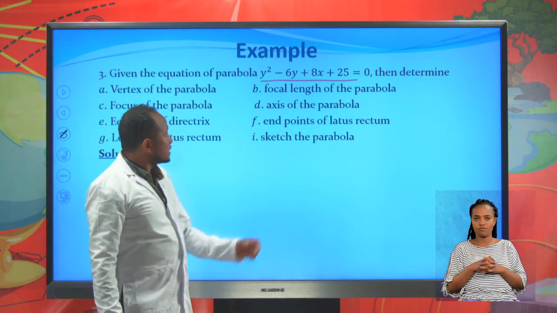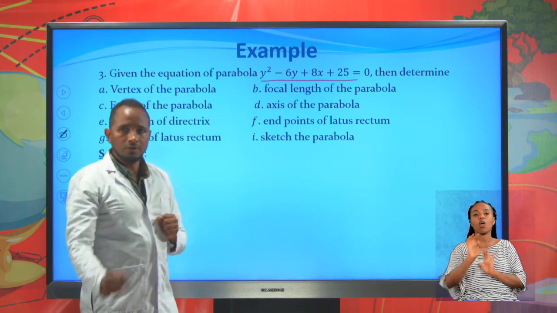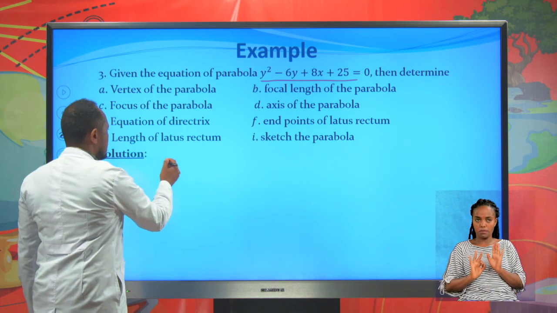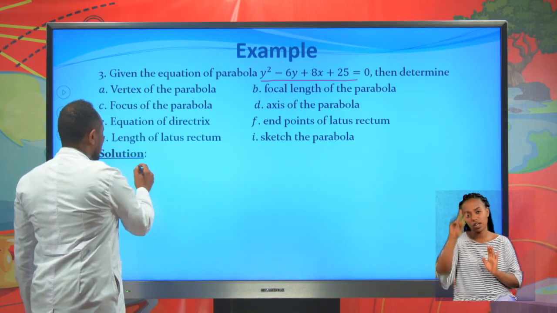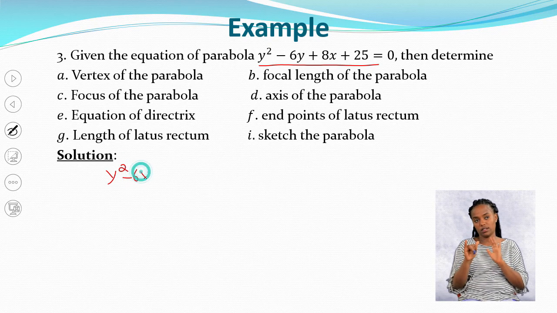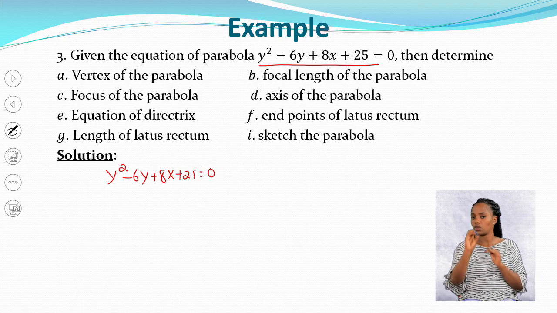To do this, first I need to write this in standard form. So y squared minus 6y plus 8x plus 25 is equal to 0.